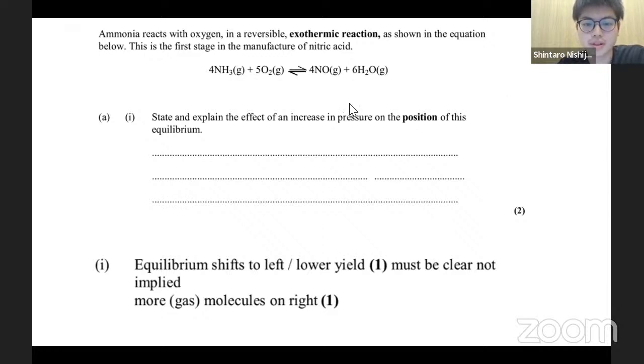So it's not actually relevant for pressure, but good try. That'll be more relevant if we were asking about increasing temperature, for example, which we'll do next. Does anyone have any questions about this one?